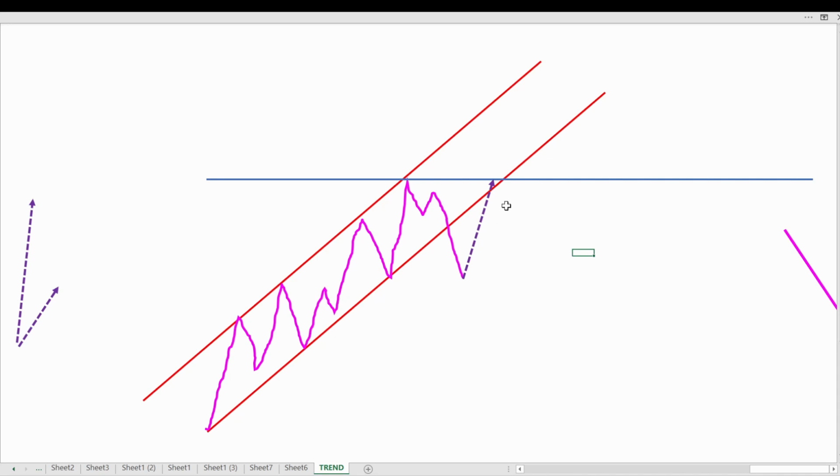So it will make what we know as a double top.